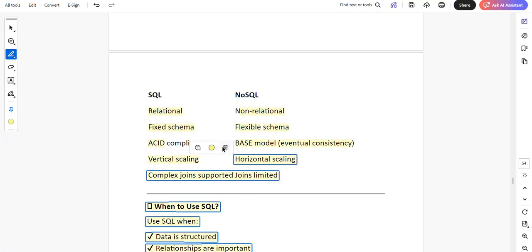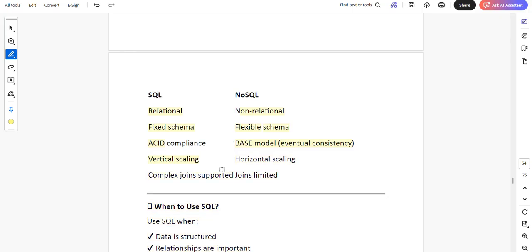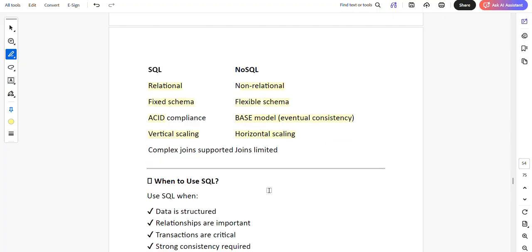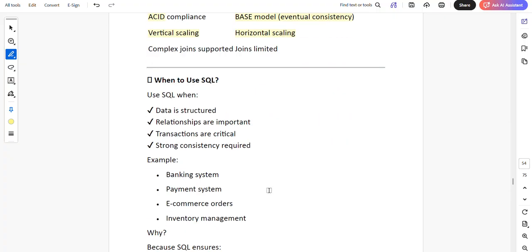So we all have one question. We have these two types of databases, so when to use which one? If an interviewer asks you when to use an SQL database, use SQL when data is structured, like it has a specific format.